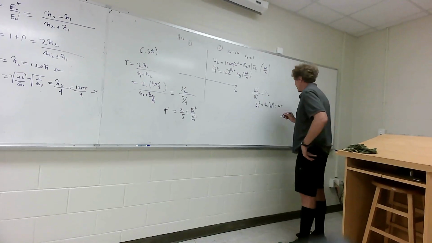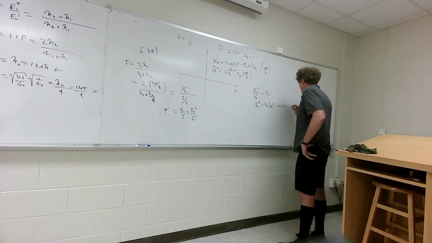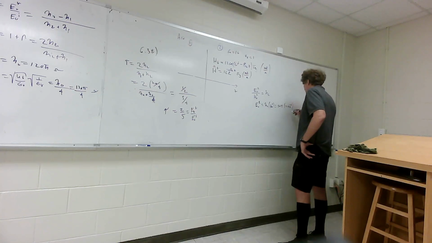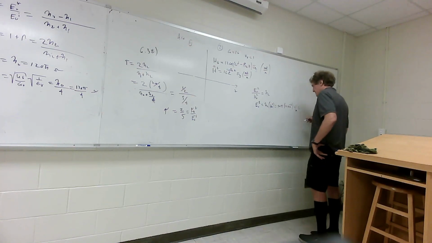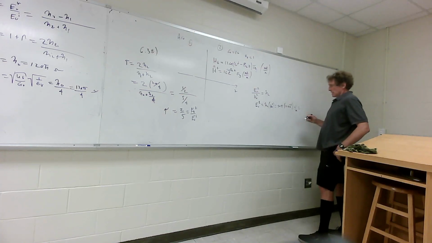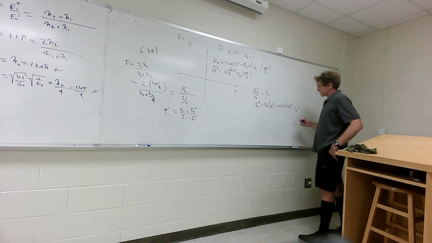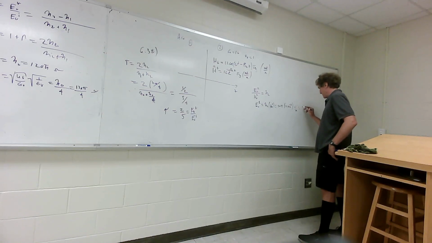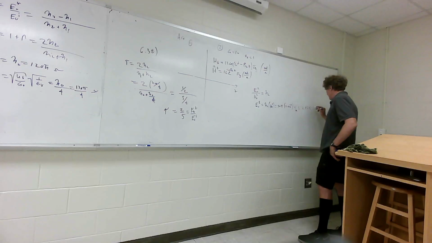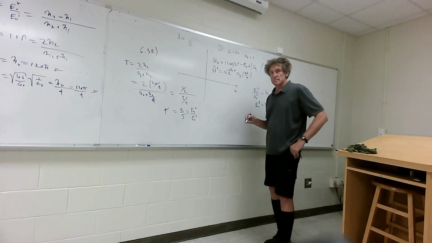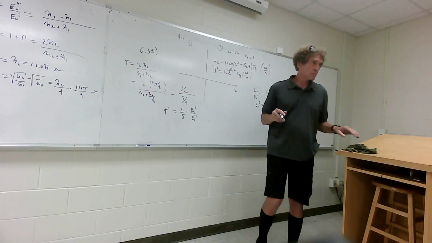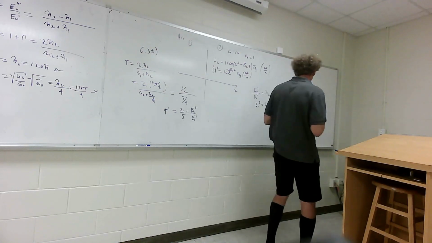And H is 12, but it would be times 10 to the minus 3. And this would be in volts per meter. So what is that going to be? Let's see. 2.825. Thank you. 2.825, and that would be volts per meter transmitted. So that's 0.36 pi. That's the transmitted, right?